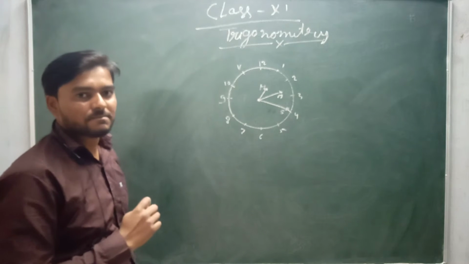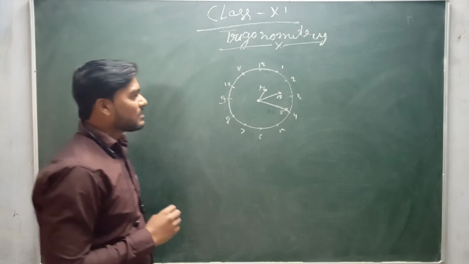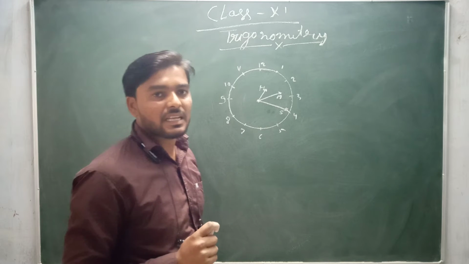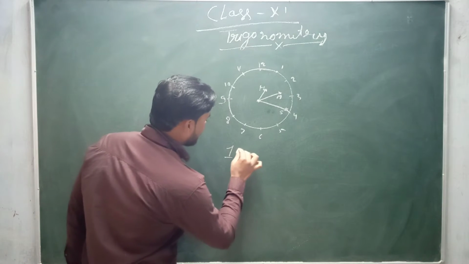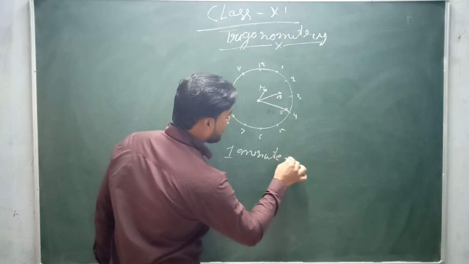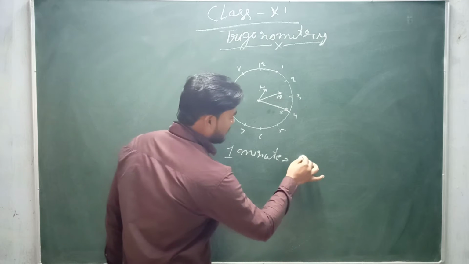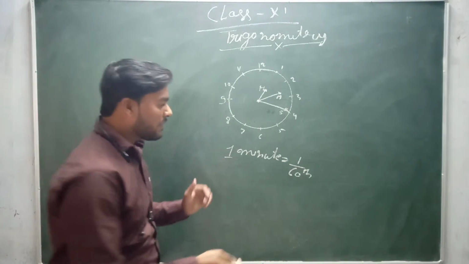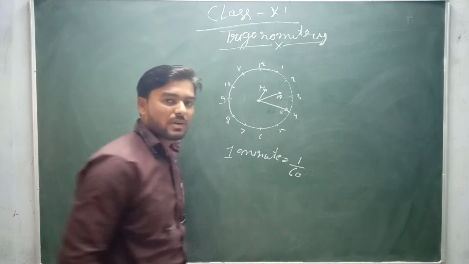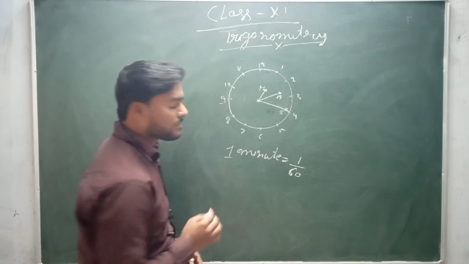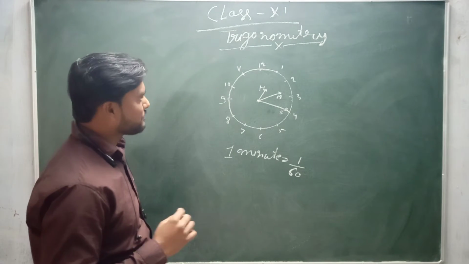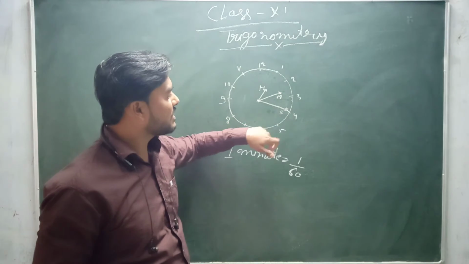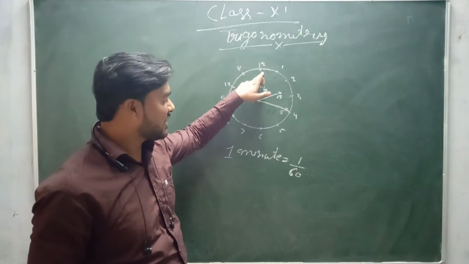Then what is a minute? How do we calculate it? 1 minute will be 1/60th of a degree. Why? The total is 60 minutes, 5 minutes, 10, 15, 20, 25, like this up to 60 minutes.